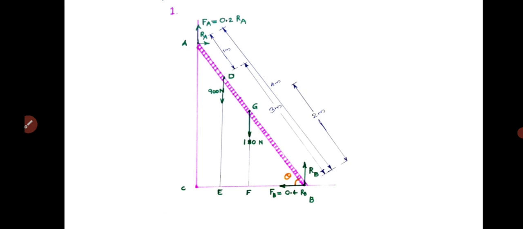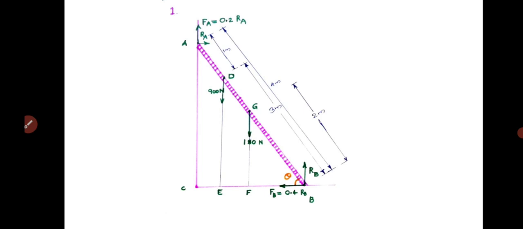If the ladder is not in equilibrium, then it will slip. That means the end B, which is touching the floor, will move to the right. So the frictional force will be developed in the opposite direction and that will be towards the left.